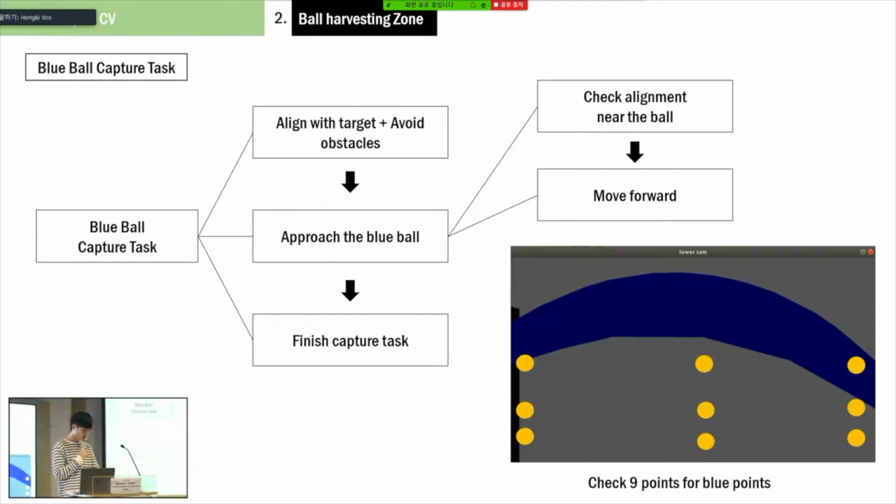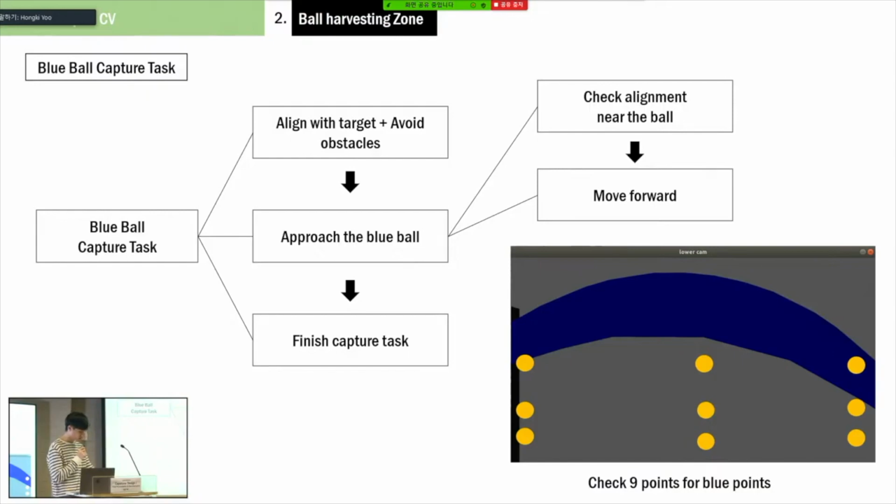The second task is capturing the targeted blue ball, and it consists of three large steps. The robot aligns with the targeted blue ball and approaches it, avoiding the obstacles. The blue ball is not detected in the upper webcam when the robot is too close to it, so the robot checks for alignment when the blue ball is close enough, then just moves forward.